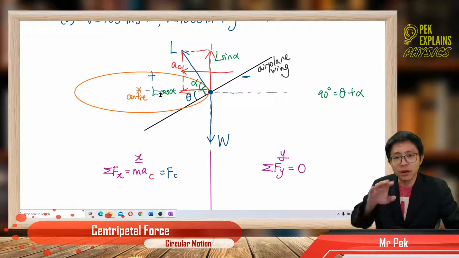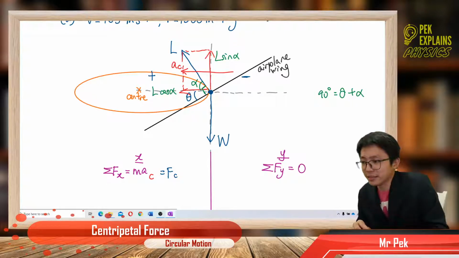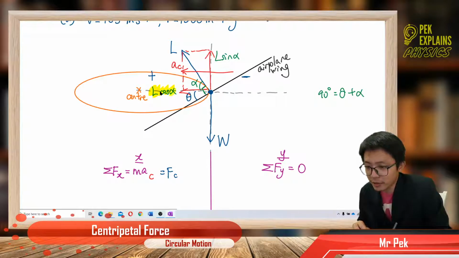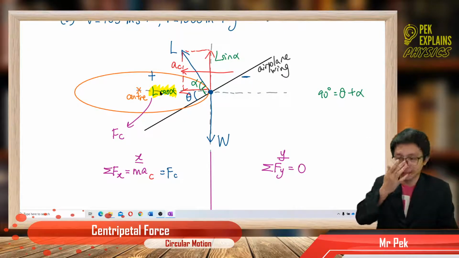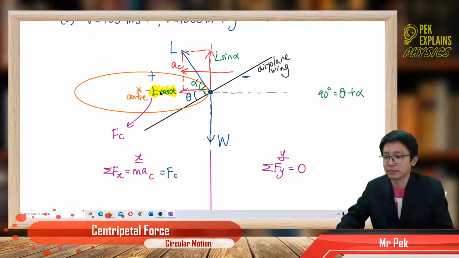This L cos alpha becomes the very much needed centripetal force for the circular motion to happen. You must have L cos alpha, then only can the aircraft turn.